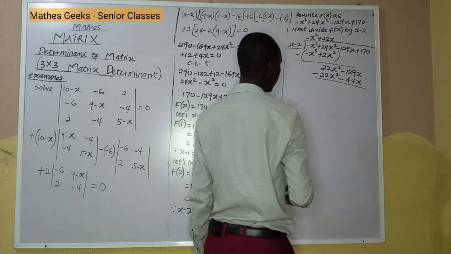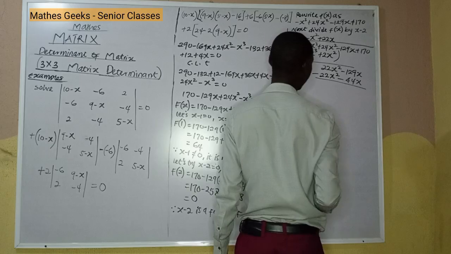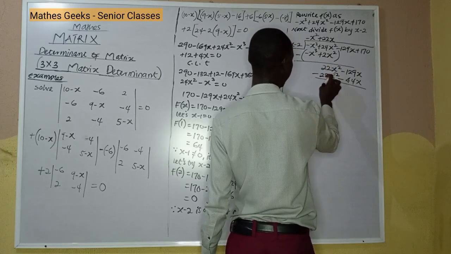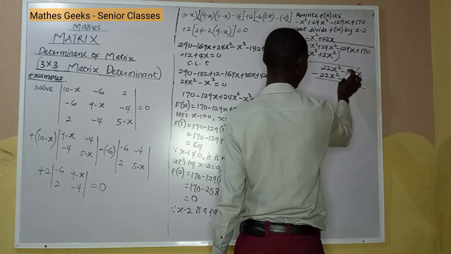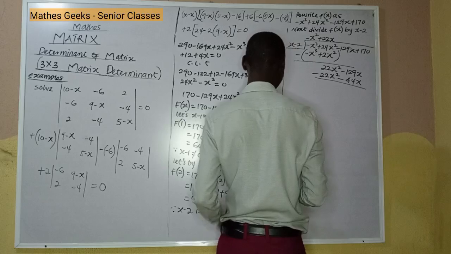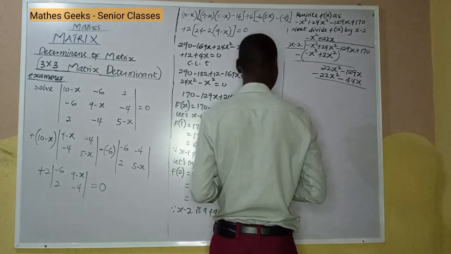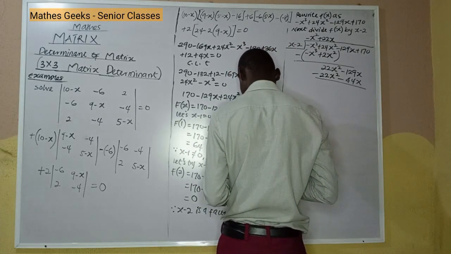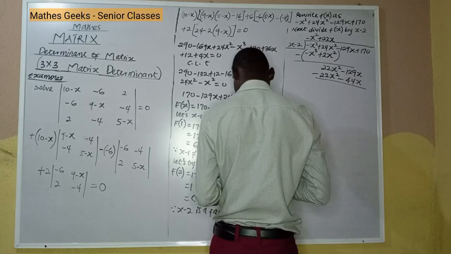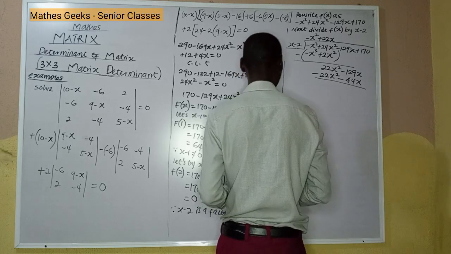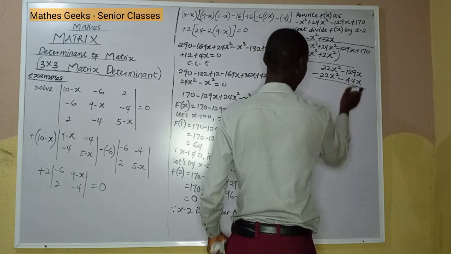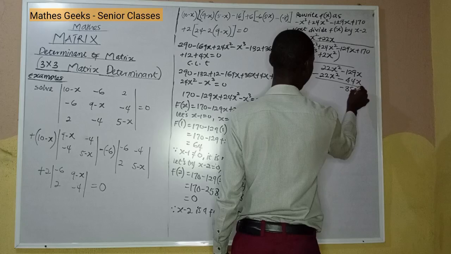So we subtract. Minus times minus will give us plus. Of course, this is 0 already. Minus 129 plus 44 is minus 85, so minus 85x.